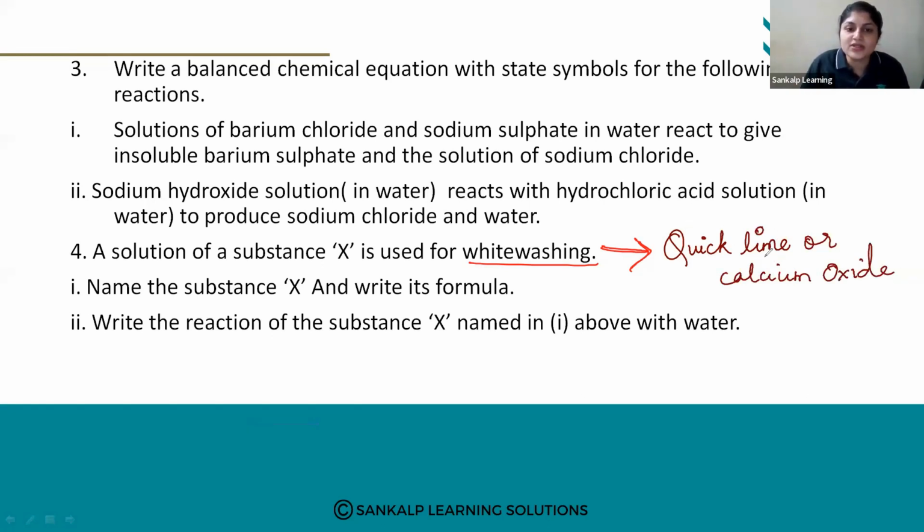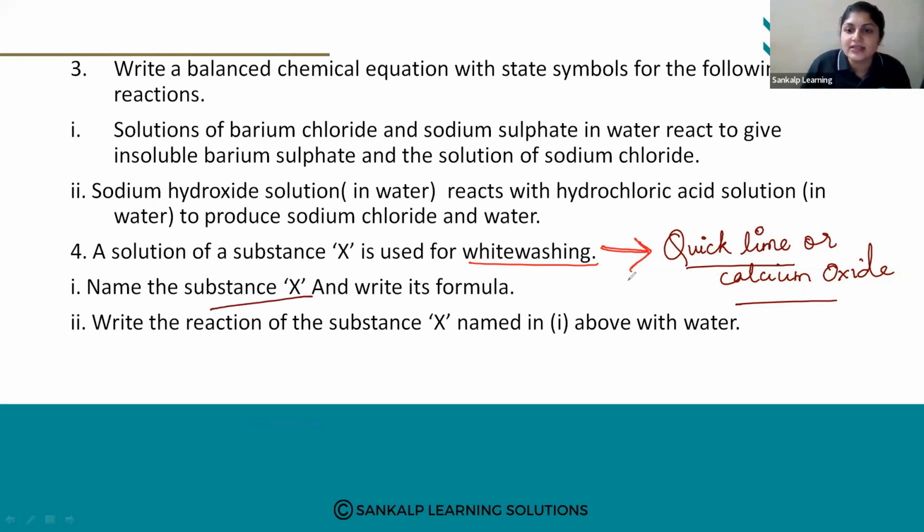So a solution of a substance X is used for whitewashing. Whenever newly constructed buildings are there, before painting, they give a whitewash for the walls, and that is done by quicklime or calcium oxide. Name the substance X and write its formula.